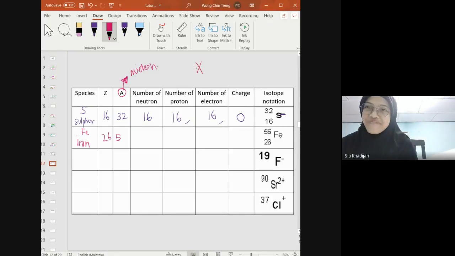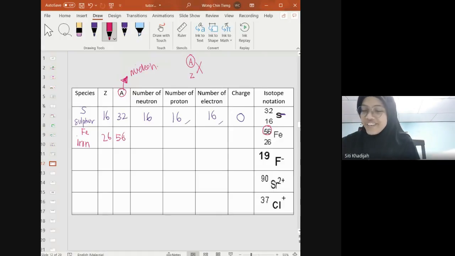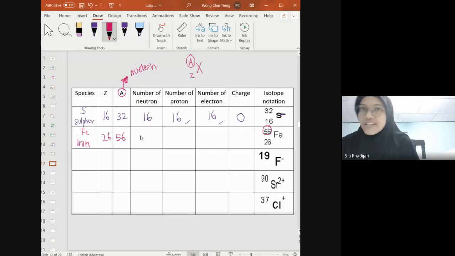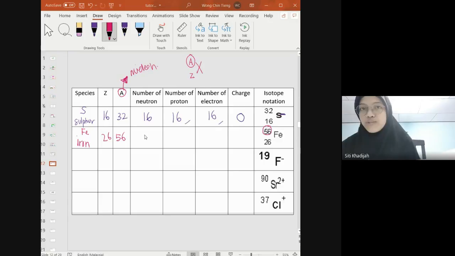56. A, nombor yang duduk atas. 56. Silap. Number of neutron? 28.